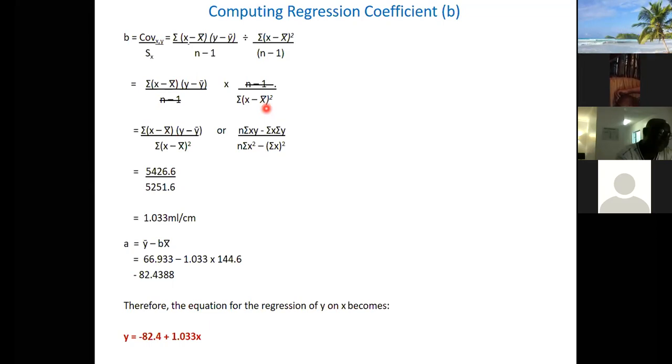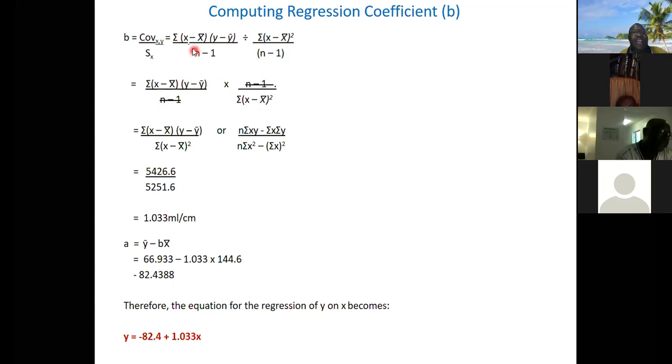So change in Y per unit change in X means the covariance over the variance of X, that is, when both of them change together, divided by the variance of X.